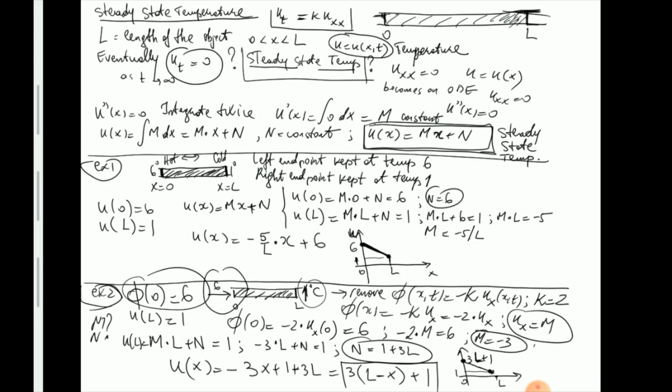The argument is it makes sense because if you have a very, very long object, imagine a really long object, by the time the heat energy reaches the right endpoint where the heat is removed, there's a lot of energy accumulating on the left endpoint.